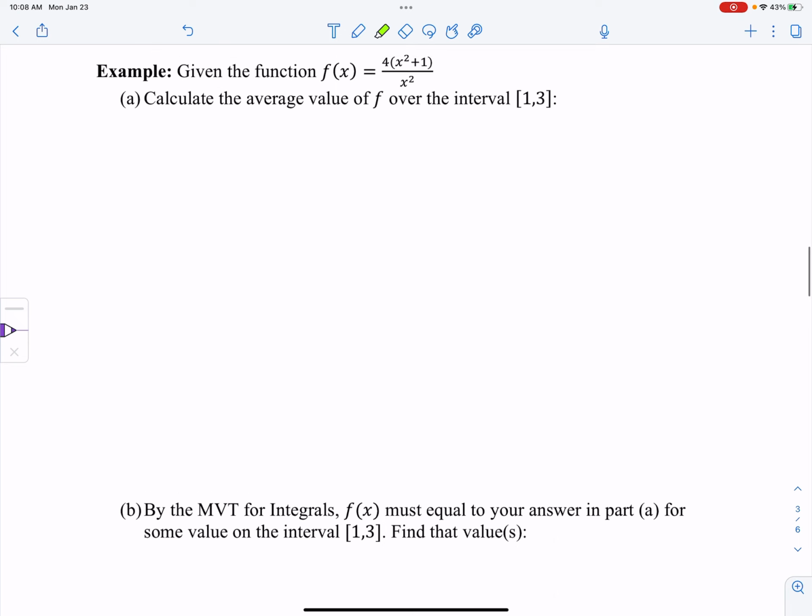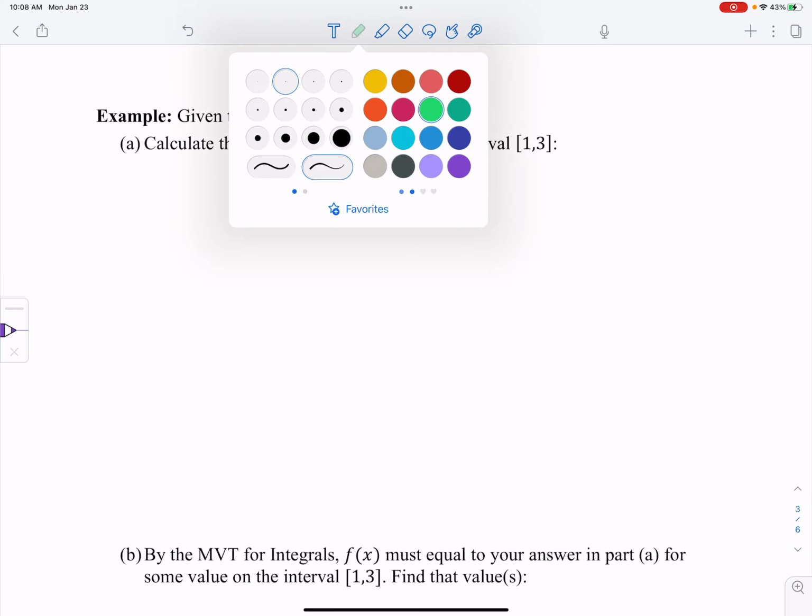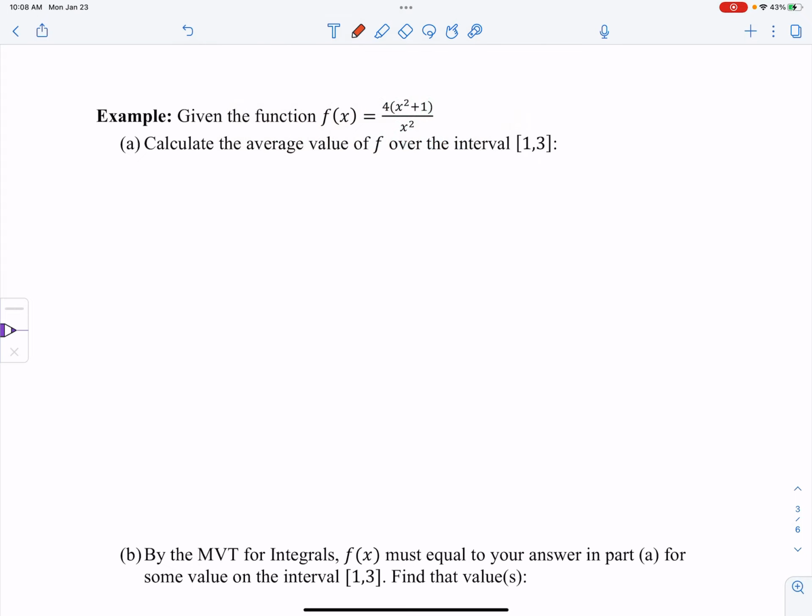Okay, so let's look at this example. Given the function 4 times the quantity x squared plus 1, all divided by x squared, let's calculate the average value of the function on the interval from 1 to 3.